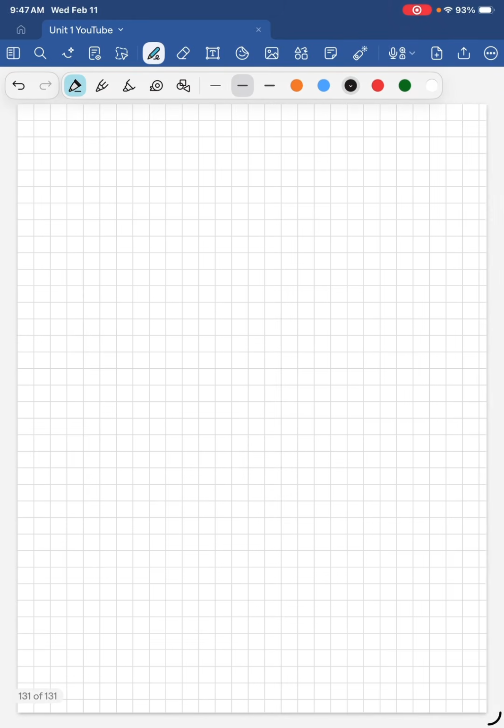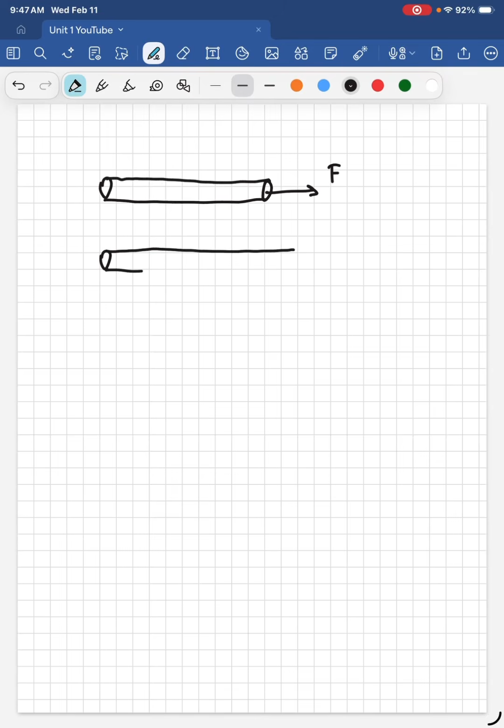Now, the same happens to two-dimensional materials. So if you have a wire that has some cross-sectional area, and you apply a force, or maybe it's a rubber band or something like that, the same thing is going to happen to the wire or the rubber band.